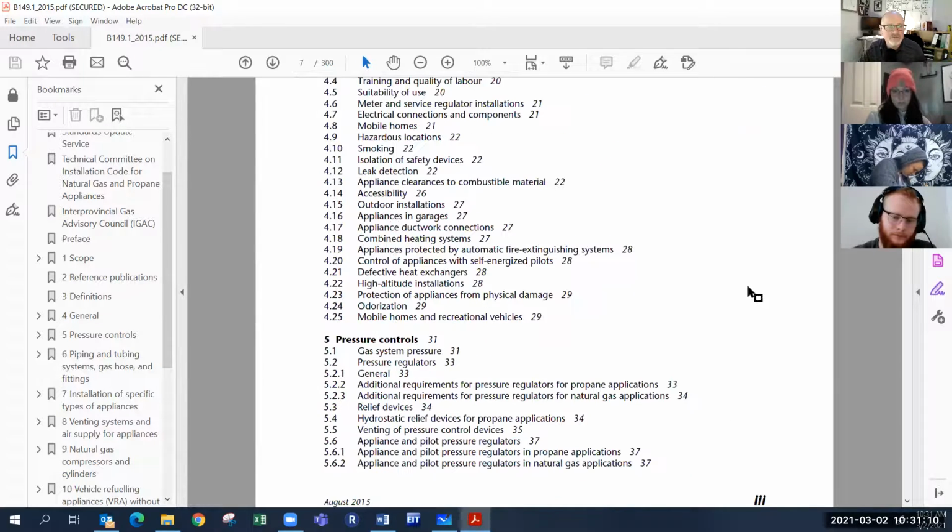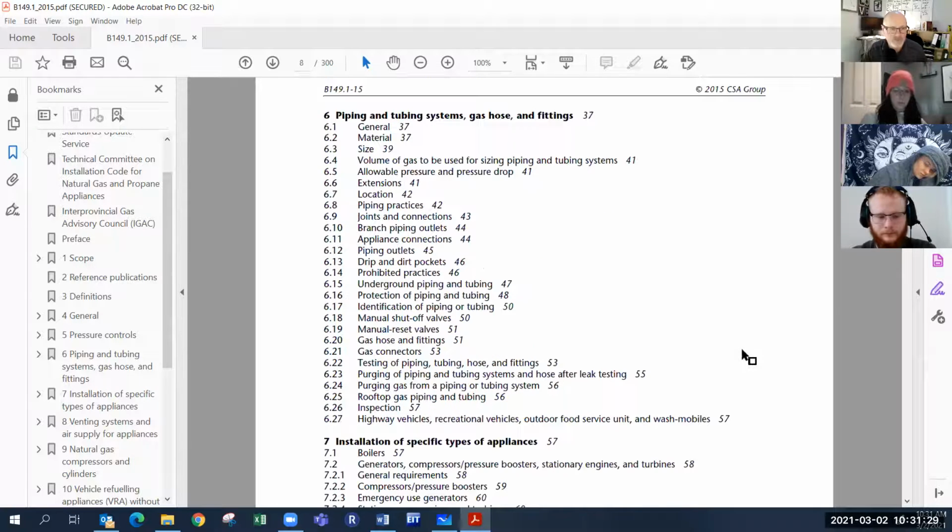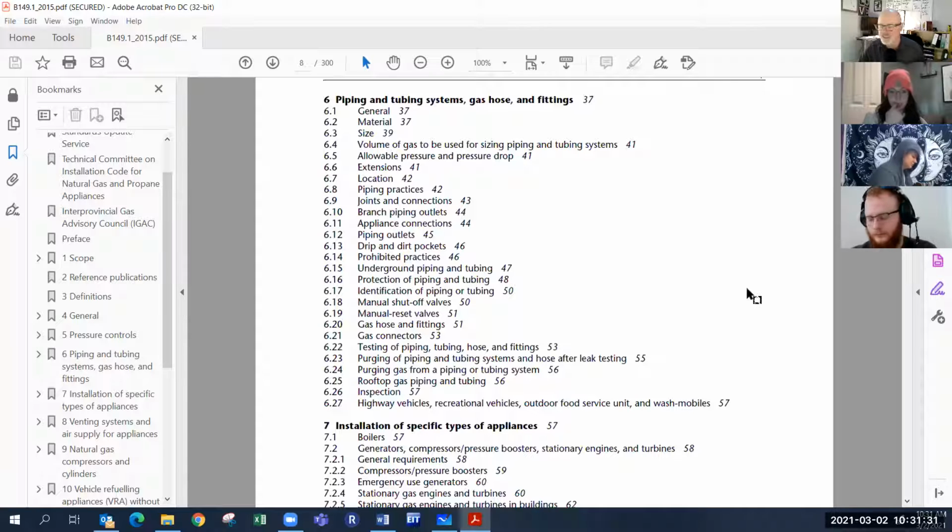Section 5, pressure controls. So this is mostly about regulators and relief devices on pressure controls dealing with gases. Now these are natural gas and propane gas. Okay, this is what this is about. Section 6 is all about piping, tubing systems, gas hoses, and fittings.